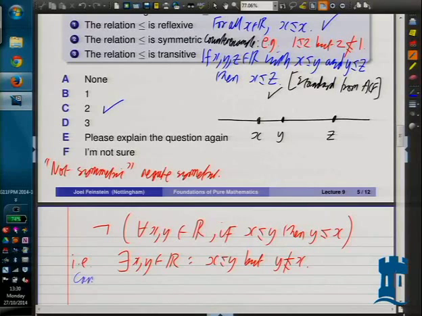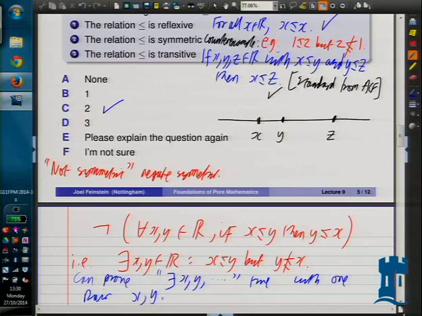You can prove there exists x, y. You can prove that statement with one pair x and y. That's why you can prove this one true with one x, y. That proves the other one false. You think of it as a counterexample to the other one, and it's an example demonstrating this one.